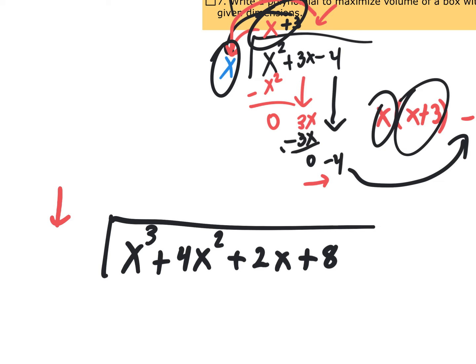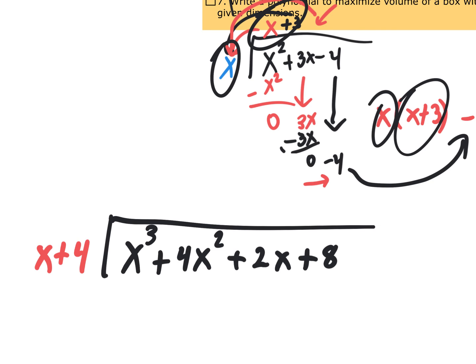Don't think that would work. I don't think 1 is a root. X plus what? 4. X plus 4. I concur. Give it a shot. And if he's right, then we won't have a remainder. I'll pause for a second and give that a try.